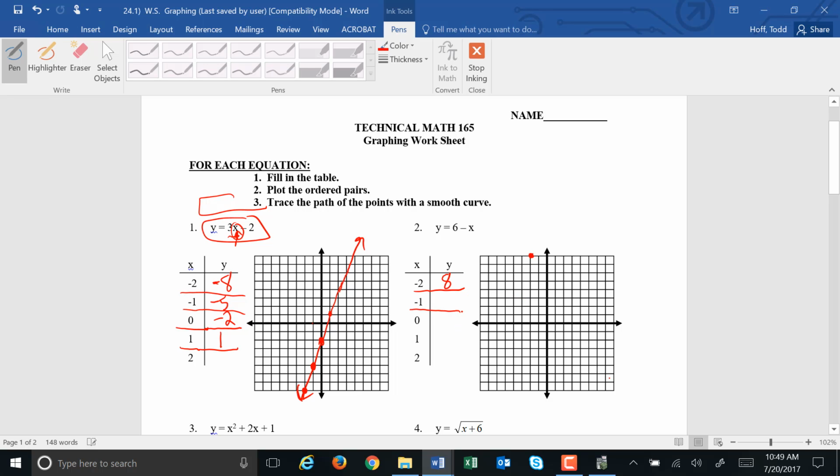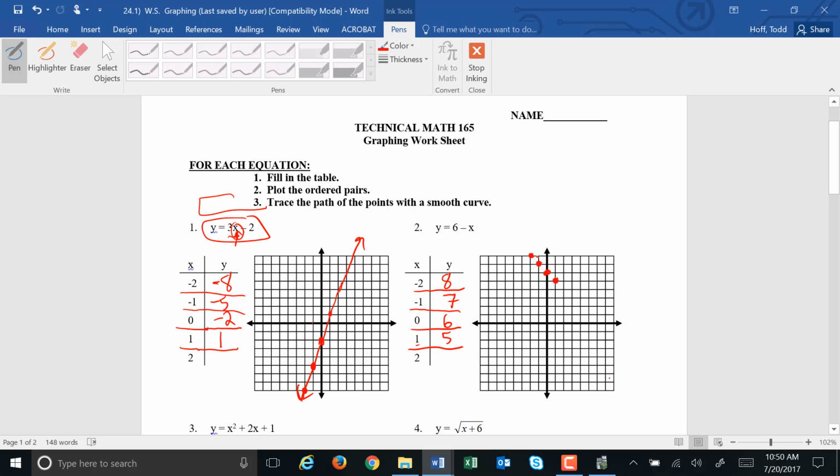If x is negative 1, what's 6 minus negative 1? 7. Negative 1, 7. If x is 0, what's 6 minus 0? 6. You've got 0, 6. If x is 1, what's 6 minus 1? 5. So you've got 1, 5 is right there.